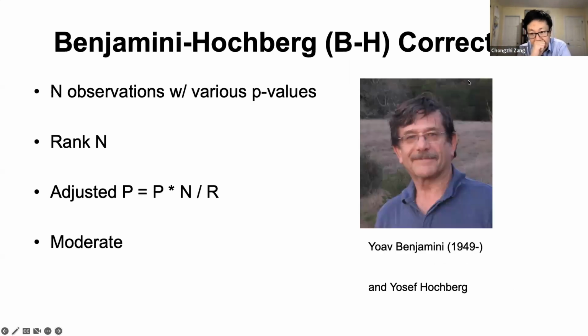Another, more commonly used way of doing multiple hypothesis testing is the Benjamini-Hochberg correction, or BH correction. Usually we have n different observations with different p-values. This is a way of considering the different levels of the p-values themselves. The procedure is that we rank the n p-values from the smallest to the biggest, so the rank on top is the one with the smallest p-value.